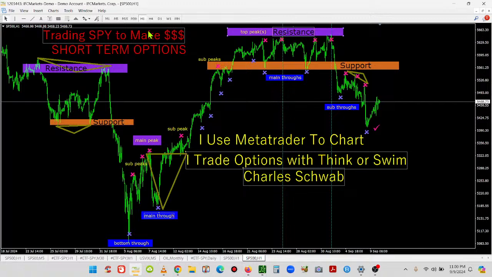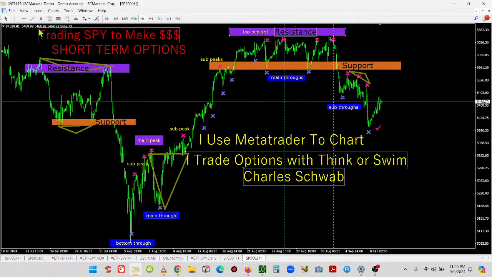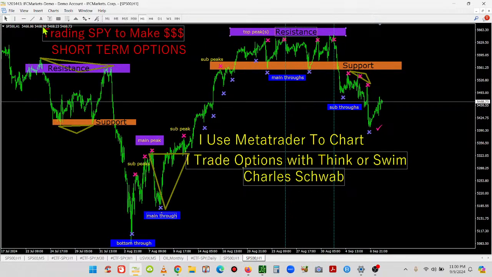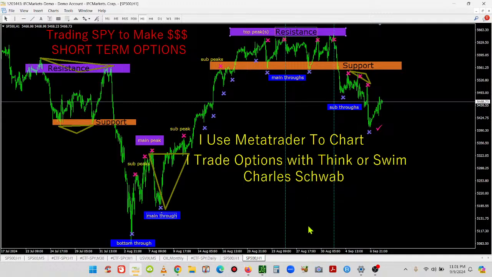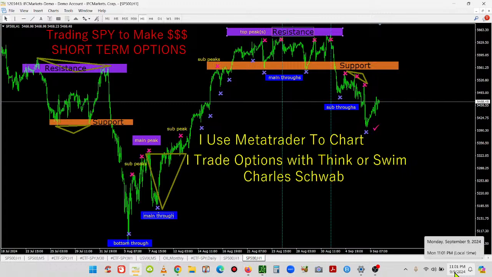Okay, so I want to keep adding to this chart, and this will be the base of our long-term charting of the S&P 500, which we will use to plan our trades for the SPY. The time right now is Monday, September 9th, 2024, at 11 p.m. And you'll notice there's trading going on.